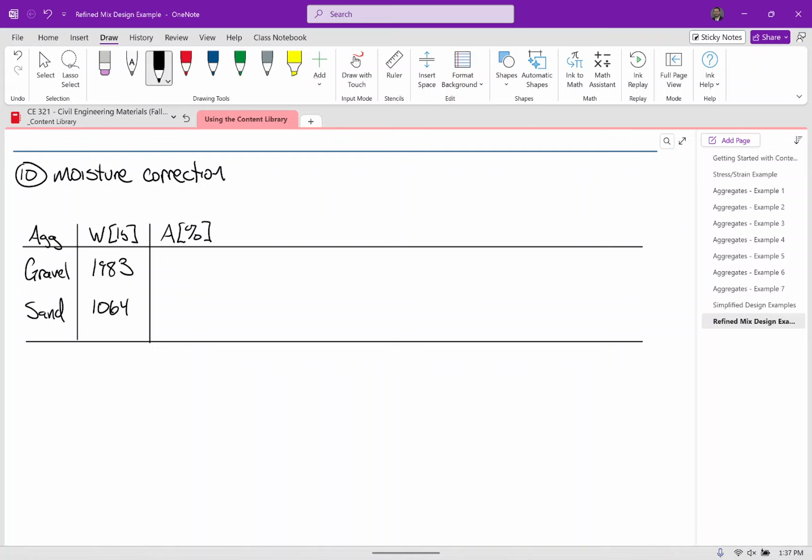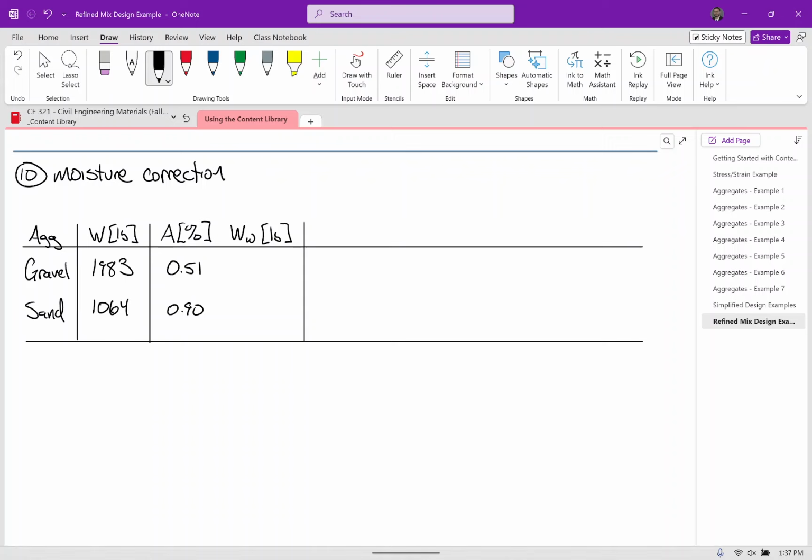What was the absorption of the gravel and what was the absorption of the sand? 0.51% on the gravel, 0.9% on the sand. Okay. So I have the absorption.